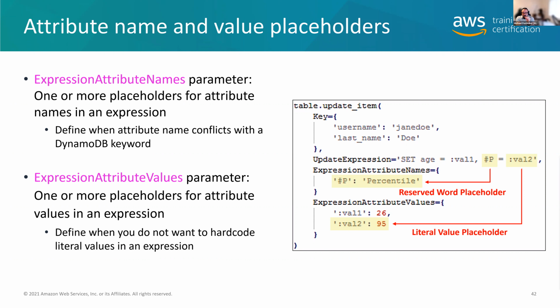You might use an expression attribute name when you have named an attribute that conflicts with a DynamoDB reserved word, like backup, as an example. In other words, you might name an attribute backup, but you can't run any queries against backup because that word is reserved by DynamoDB. You could then set up an expression attribute name that aliases #B as an alias for backup, and then you can put that in your queries. So you can actually search for it.